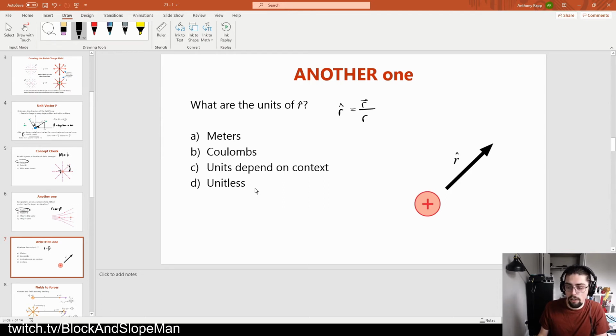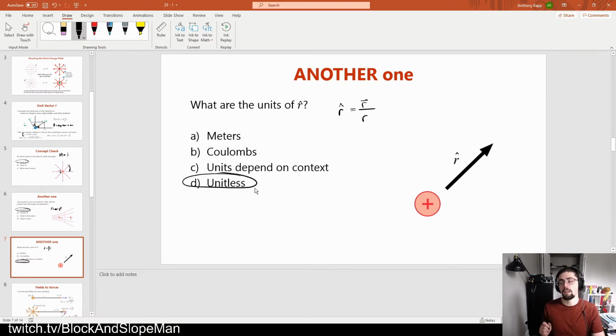If I do it in meters, centimeters, millimeters, if I'm really desperate and I use decimeters, whatever I decide to put in here, in any case, the units are always going to cancel out top and bottom. We are going to end up with a unitless value every single time.